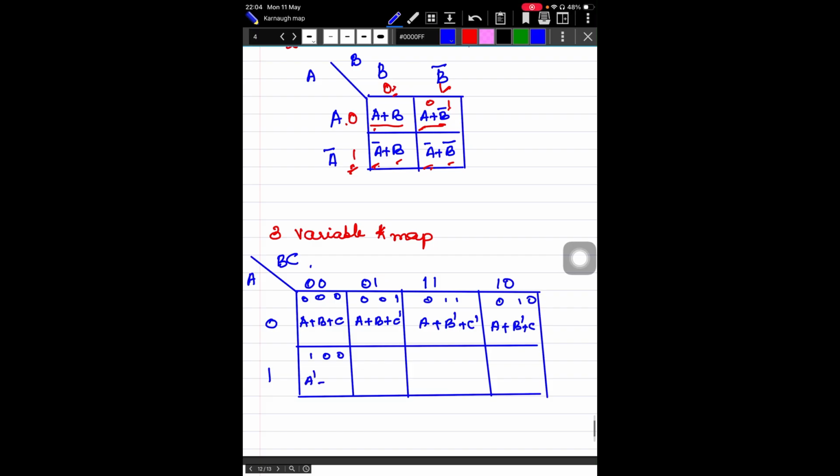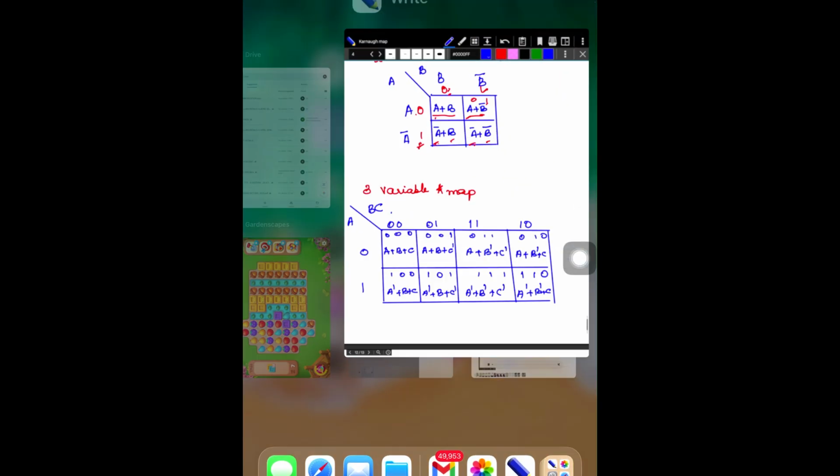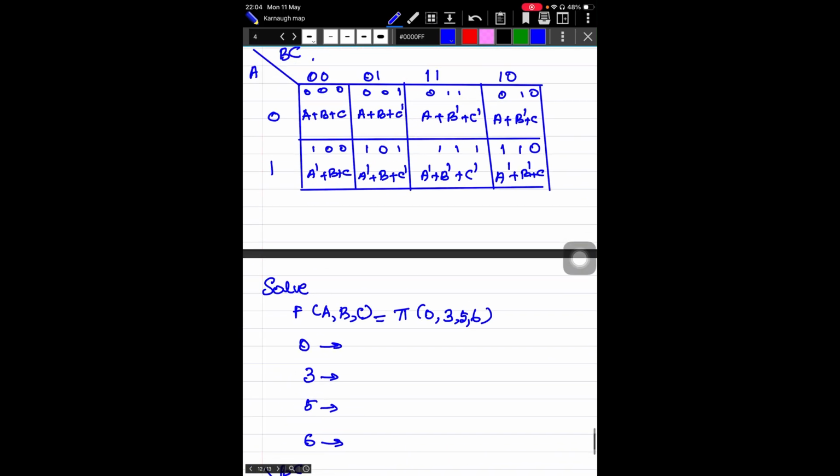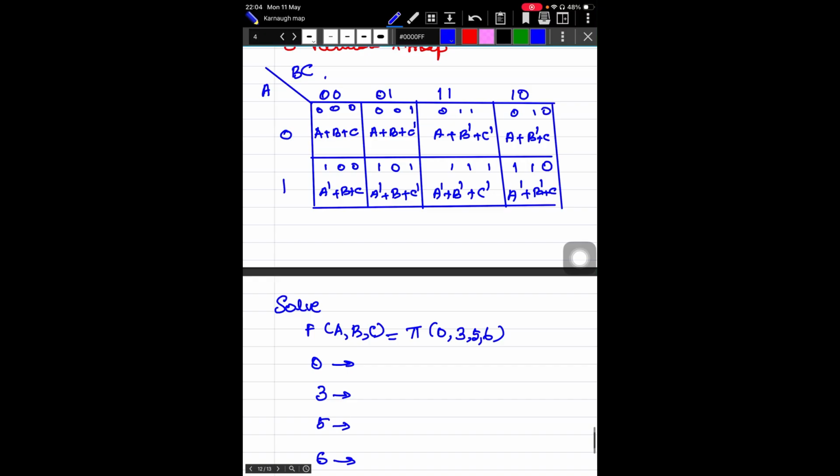So A dash plus B plus C. This is 1, 0, 1. So A dash plus B plus C dash, right? Here this is 1, 1, 1, which is nothing but A dash plus B dash plus C dash. 1, 1, 0. So this is A dash plus B dash plus C. This is how we write the three variable Karnaugh map, right?